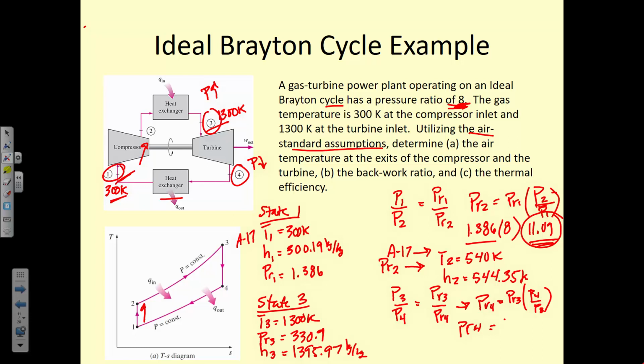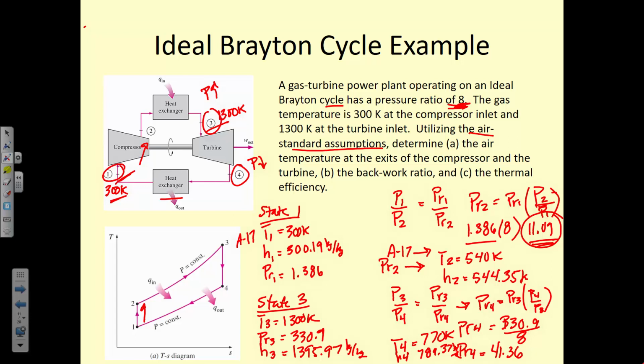So PR4 is equal to PR3 over 8, so 330.9 over 8. So PR4 ends up being 41.36. If we go to the tables, that corresponds to a T4 of 770 Kelvin and an H4 of 789.37 kilojoules per kilogram. Okay, so for state 1, we use it to find state 2.